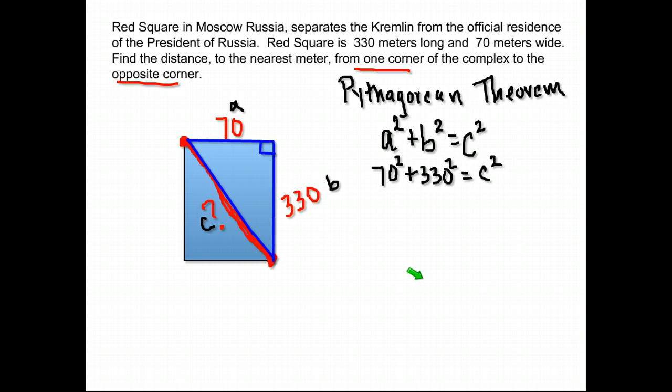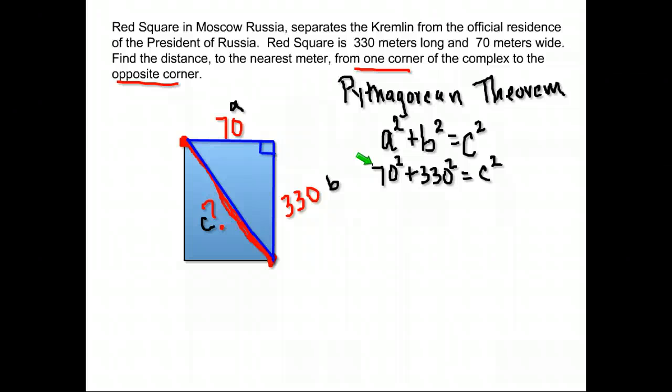First step is to square the 70 and the 330. So what is 70 squared? And remember, it's 70 times 70. Yes, go ahead and give your answer.